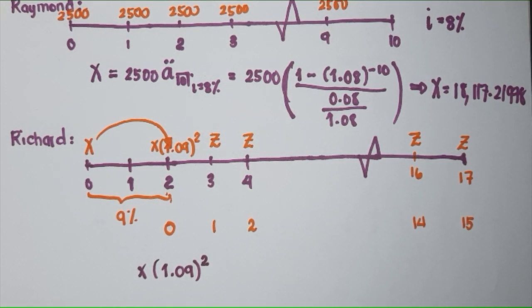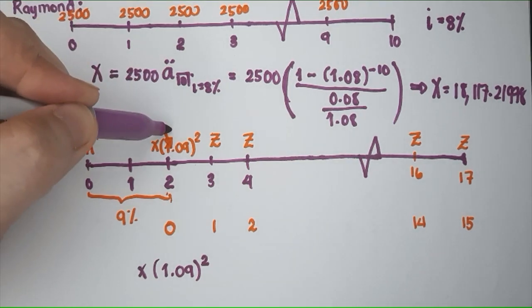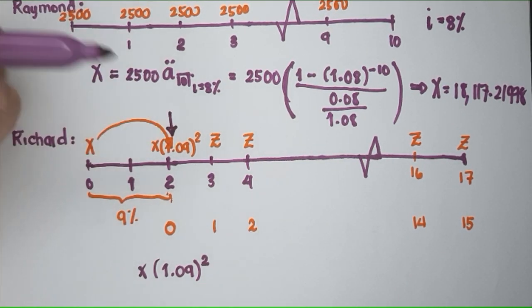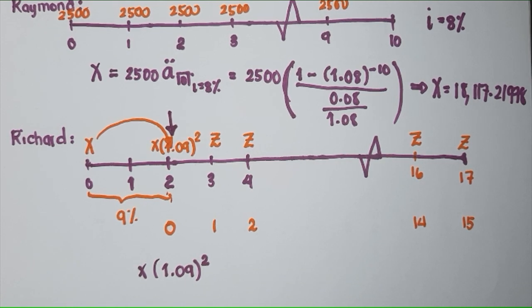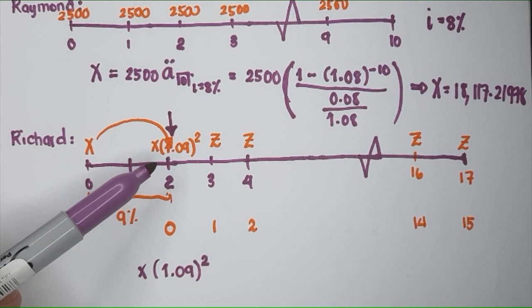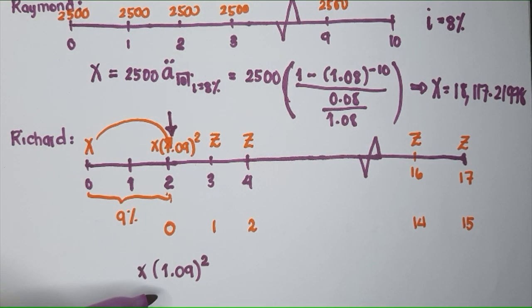That is what he paid out. By the way, I'm using t equals 2 as the valuation date. That's the best valuation date, so that the money Richard pays out is already its value. You don't have to multiply it by any factor.